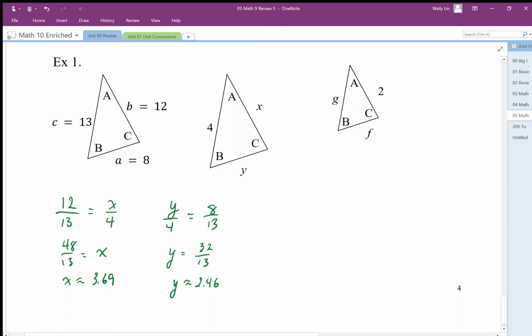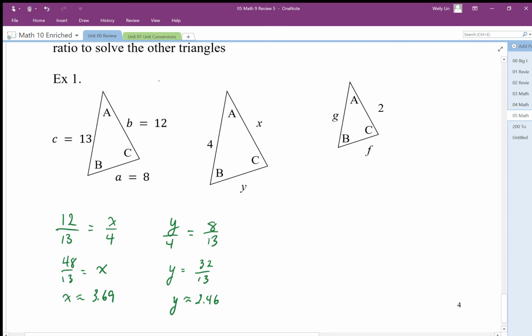Okay, for the last one here, I'm going to use a scale factor going from here to here. So there's a divide by 6 scale factor when I compare these two here. So I see this is 2 to 12, and I'm going to say that that's equivalent to f to 8.